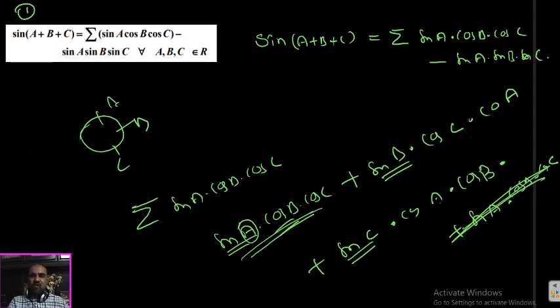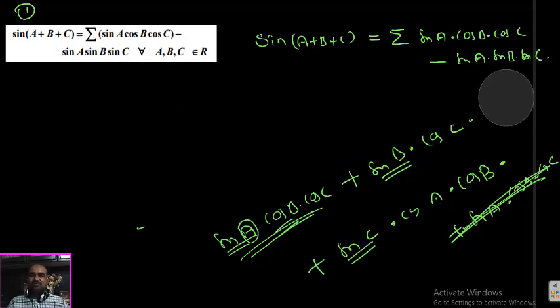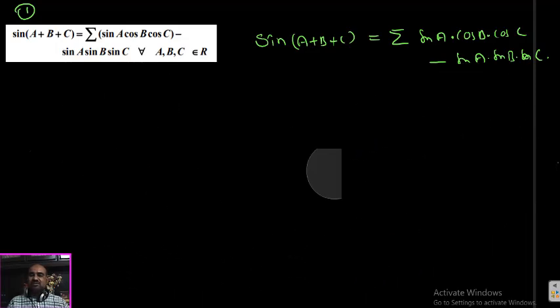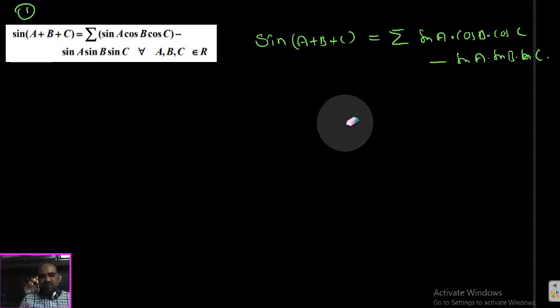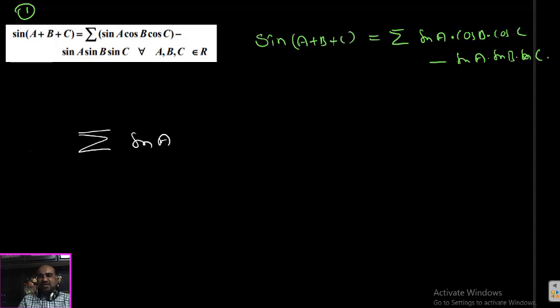Okay students, important: short notations are important. Simply here a short notation is given. Again I want to explain to you what sigma sin A cos B cos C is. This actually contains three terms with addition.